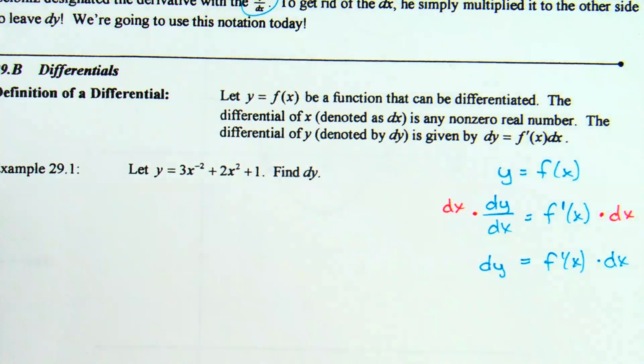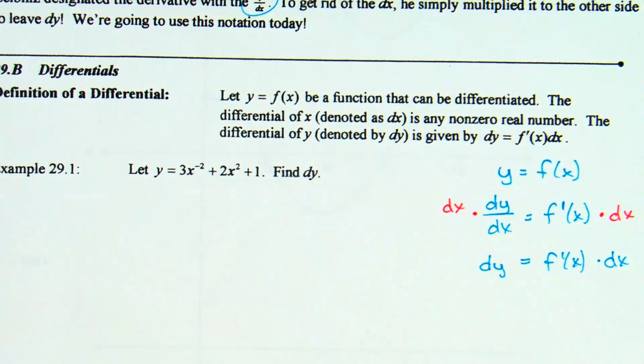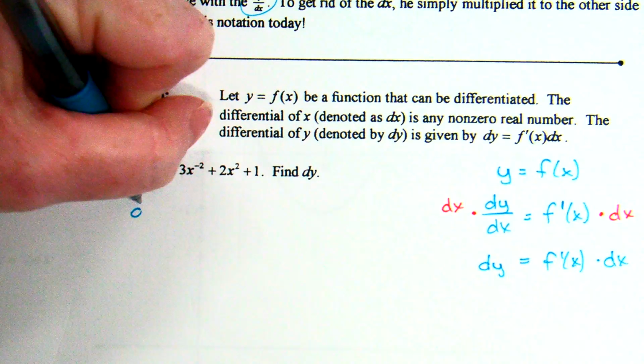There's a couple different ways we can think about this, but it says let y equals 3x to the negative 2 plus 2x squared plus 1, find dy. One option is to just take the derivative as we would normally. So the derivative of y, how can I write that in the differential form? dy dx.